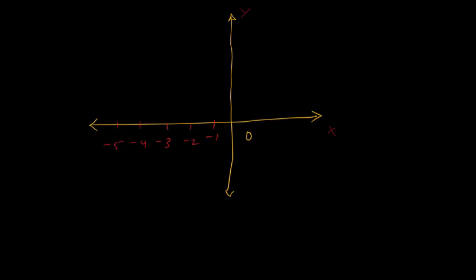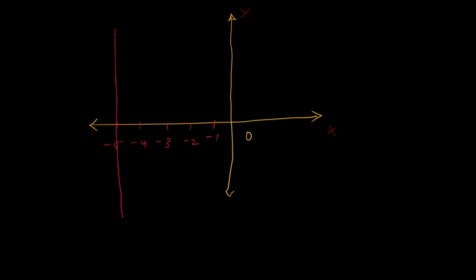So the equation x is equals to a is a line parallel to y-axis passing through a. So here I will get a line which is parallel to y-axis. Okay, so I will have a straight line. As you use a scale, you can draw it properly.